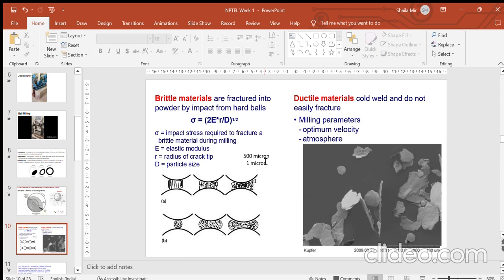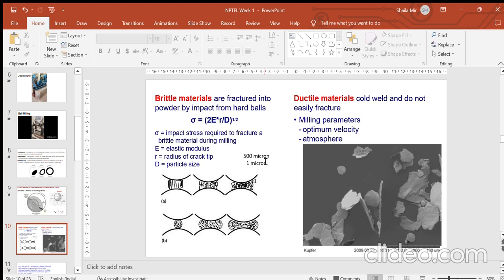As you go towards a smaller size, the surface energy increases and it will be much more difficult for the particle to crush further, so it will always be difficult to get finer particles because they will require higher impact stresses.